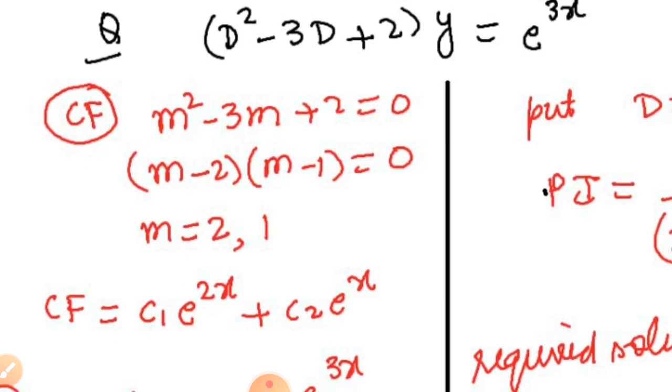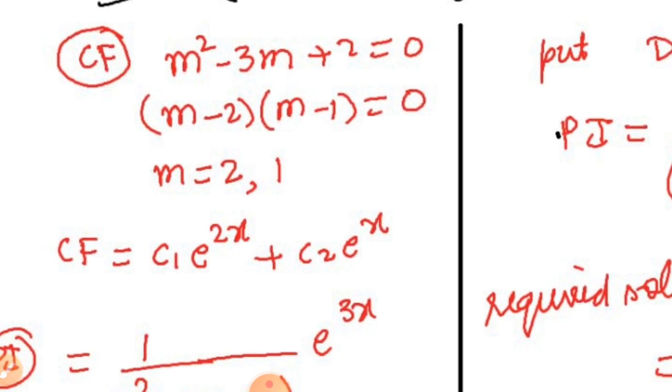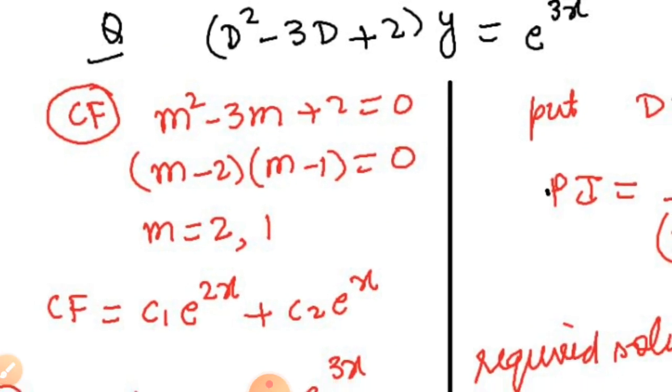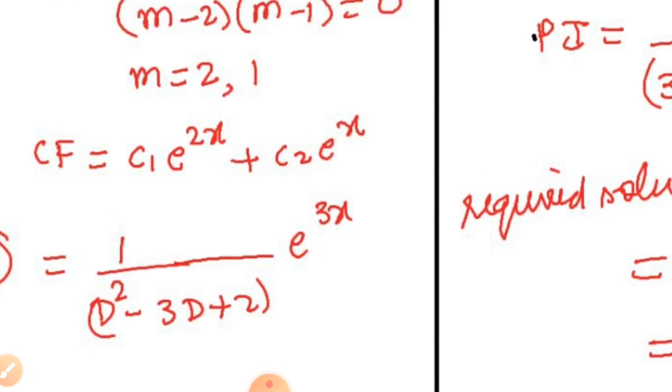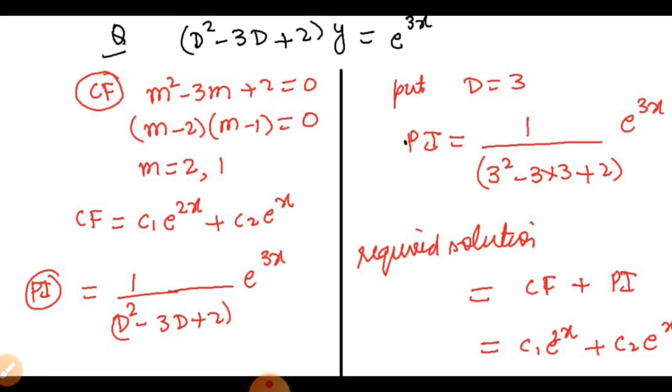Now our complementary function is known to us, we have to find the particular solution. The particular solution will be 1 by (D squared minus 3D plus 2) times e to the power 3x. The coefficient of x in the exponential term e to the power 3x is 3, so we will put 3 in place of D here.